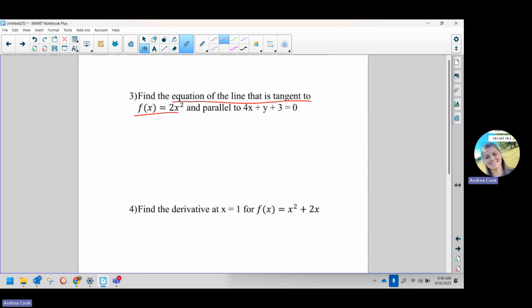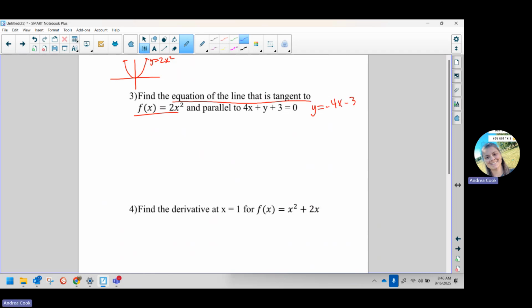So I'm going to give you a little visual because I think this question's a little confusing. If I have 2x squared, it looks like that. If I take this line and solve it for y, it's going to be what? Negative 4x minus 3.